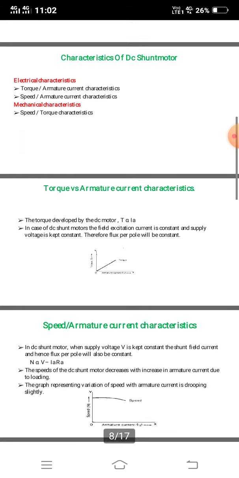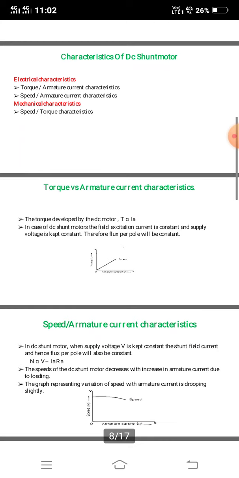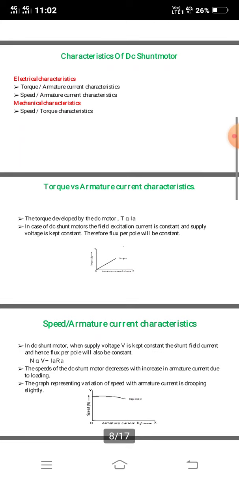First of all, let us know about the DC shunt motor. A DC motor having a separate field winding is called a shunt motor. We have three classifications: shunt motor, series motor, compound motor.